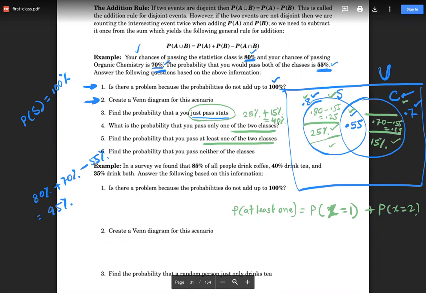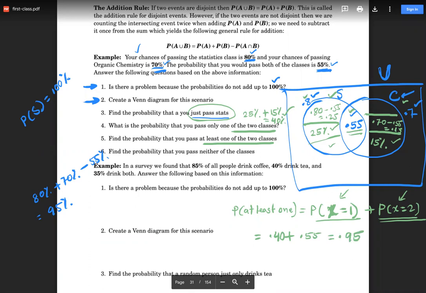That means you either pass statistics or chemistry, plus the probability that you pass both statistics and chemistry. So now we found the probability of X equal to 1. That means you exactly pass one of the two classes, not both, which is 40% right here. So it's going to be 0.4 plus the probability that you pass both of the classes, meaning X is equal to 2, which is 0.55. So 0.40 plus 0.55 is 0.95.